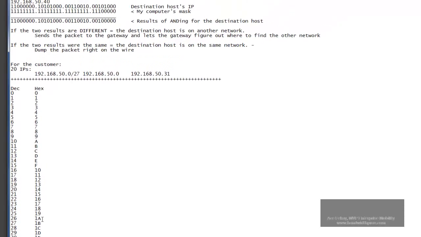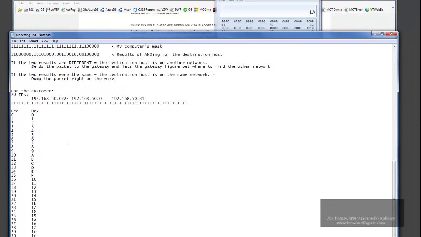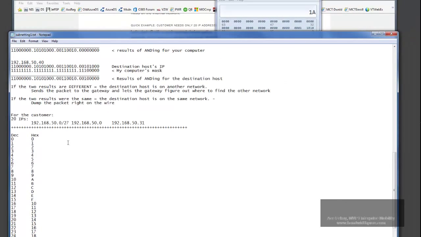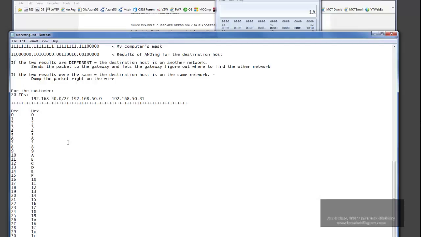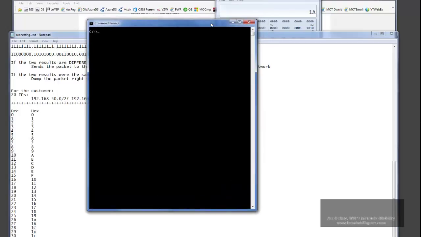Well, you get the idea. What we're going to do is translate that into IPs. Let's take a popular IP address from the internet. Let's look at Yahoo's.